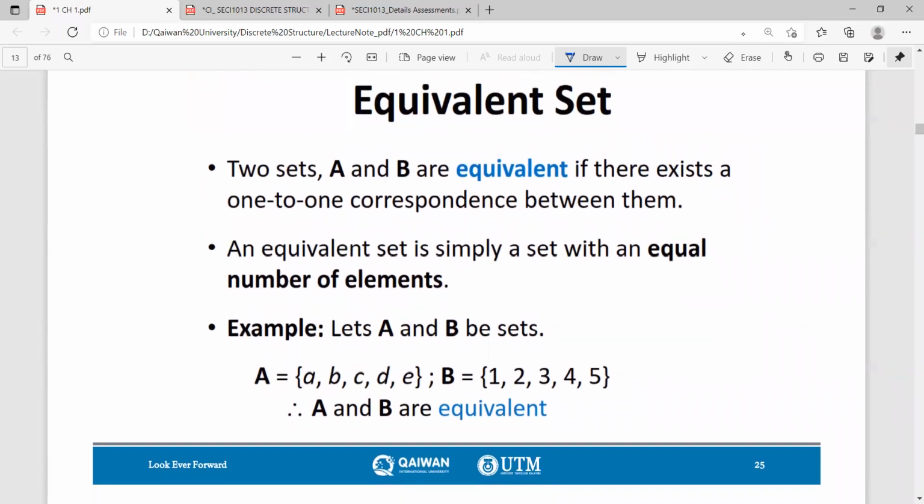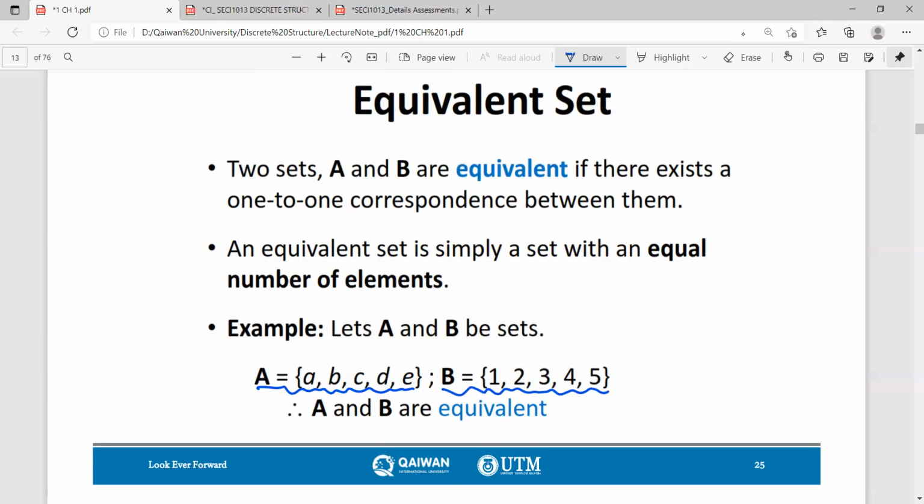Equivalent sets. We say two sets are equivalent if they have the same number of elements. The equality of elements is not required here, only the number of elements. For example, here A is A, B, C, D, E, and B is 1, 2, 3, 4, and 5.